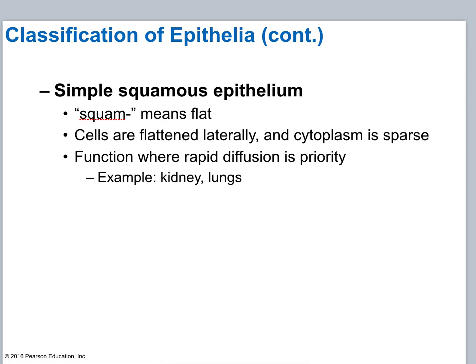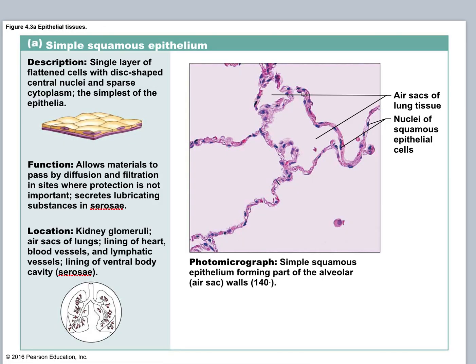I'm not going to read all of these slides because you can read them yourself. I'll just touch on some of the high points. Here's a microscope picture of simple squamous epithelium. Notice the cartoon on each of these pictures that shows the description, and the description has a cartoon which illustrates the epithelial tissue. This is simple squamous epithelium.